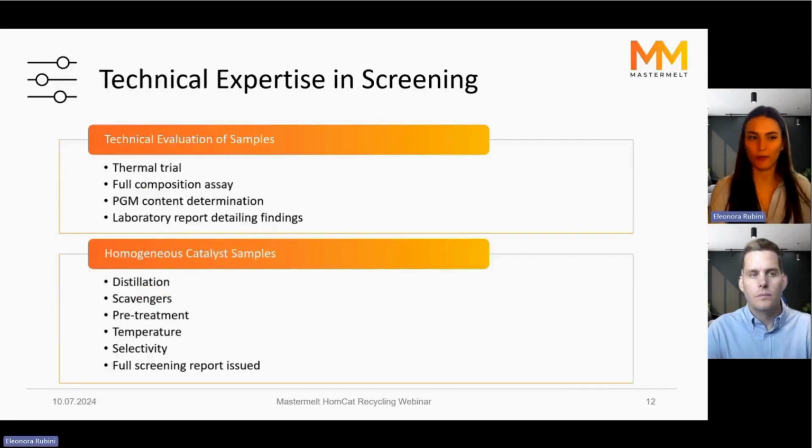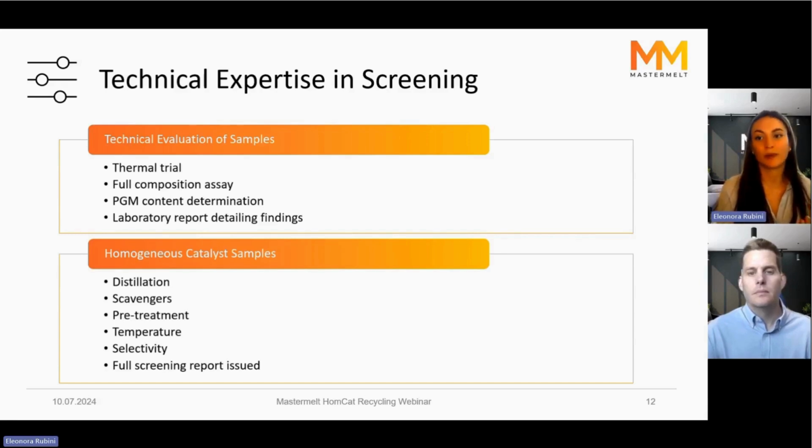How does it work when we get the samples, the screening? What is really the process? So as Adam was explaining, we do welcome our customers to send samples to the technical centers because they will undergo different types of trials to understand how to get better recovery.